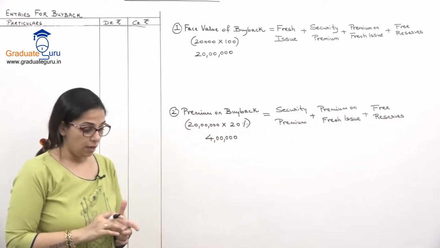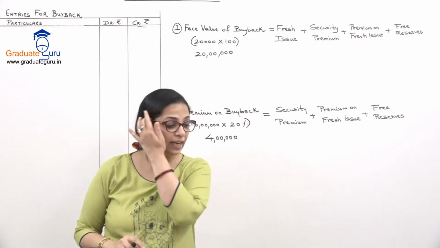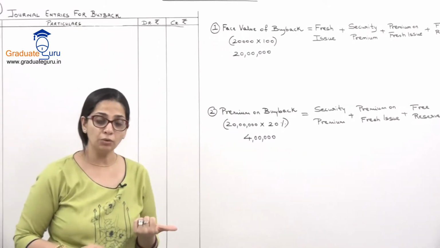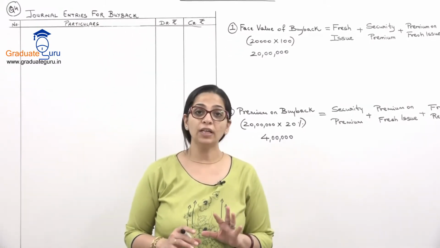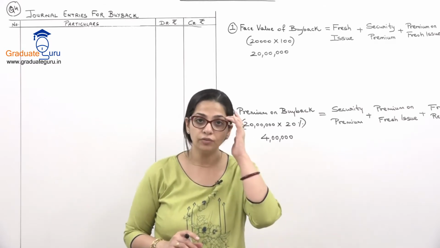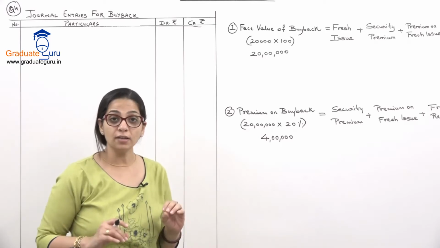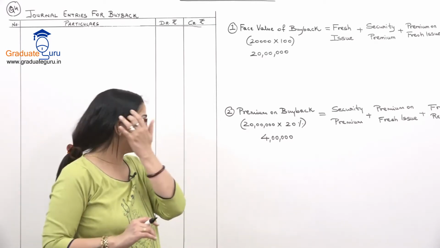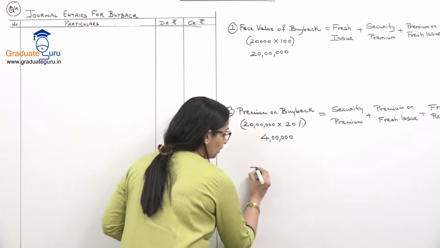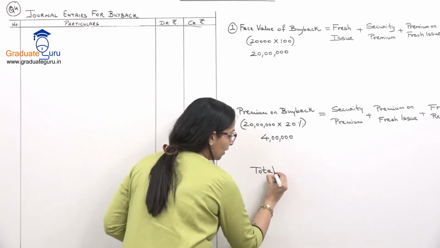Now I have 3 lakh in my security premium account and I have 2,50,000 in the general reserve account. But as I said, I don't know how many shares I will issue. So first let's calculate the total amount required.